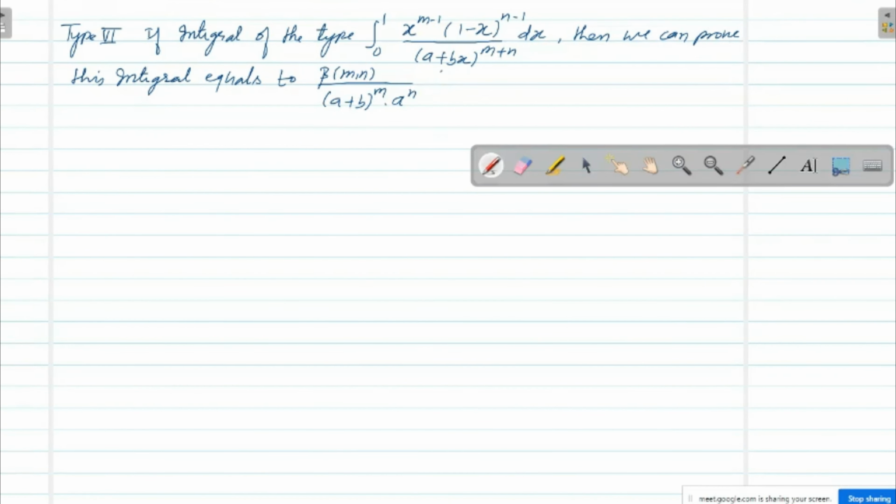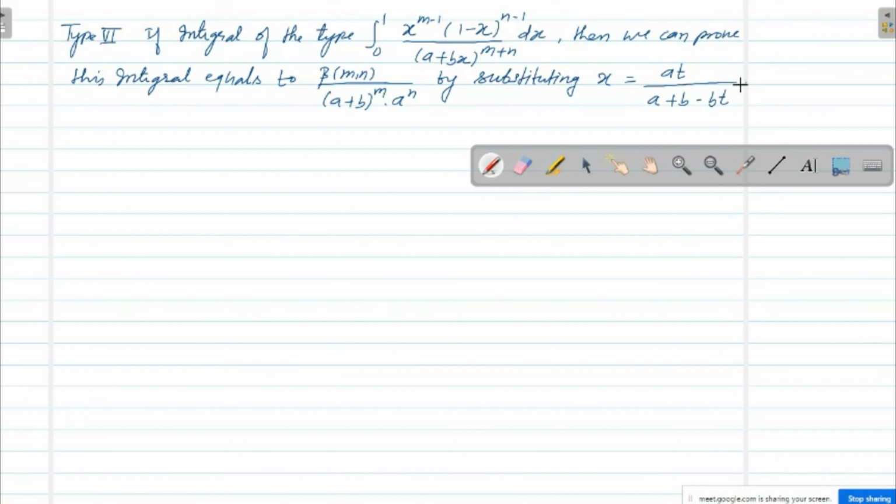Okay, by substituting x equal to at divided by a plus b minus bt.